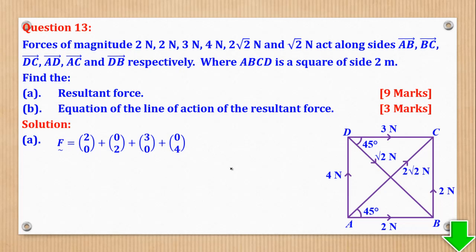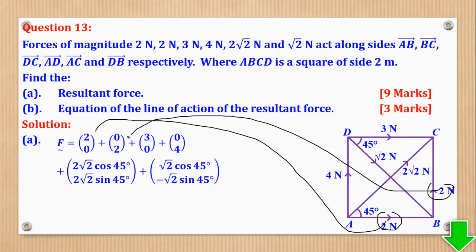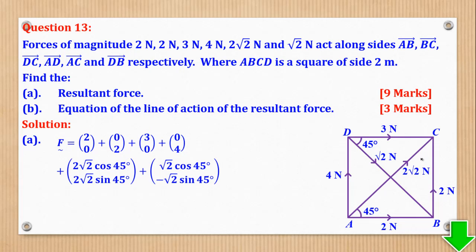So resolving, this one is entirely horizontal. This one is entirely vertical. So it is 0, 2. This one entirely horizontal. This one entirely vertical. But these other 2 are not. So this one is at an angle, because it's a square, it will be 45.